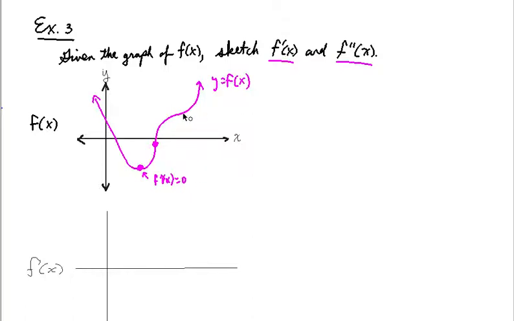And at this point, it looks like I have a non-stationary point of inflection. Since I have concave up, concave down, that would be a point of inflection. And since it's not a maximum or a minimum, we can say that the derivative would be equal to 0.